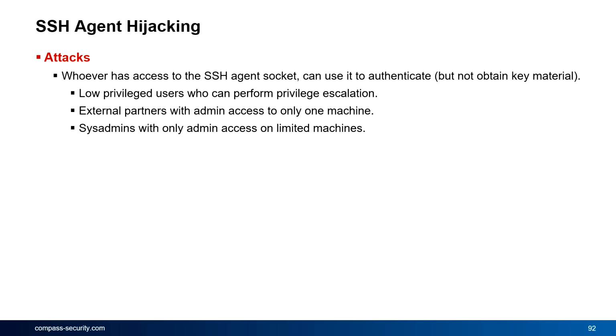And if someone forwards the SSH agent to this single machine, the external partner also has access to all the other machines. Or maybe you have a product owner with admin permissions on one server and not on all the servers. But if you, as an admin that has access on all servers, forward your SSH agent to this system, this product owner admin can access all the other systems the normal sysadmin can also access.